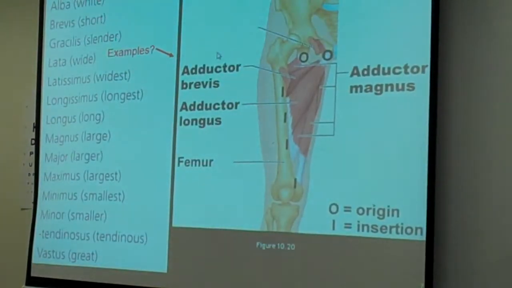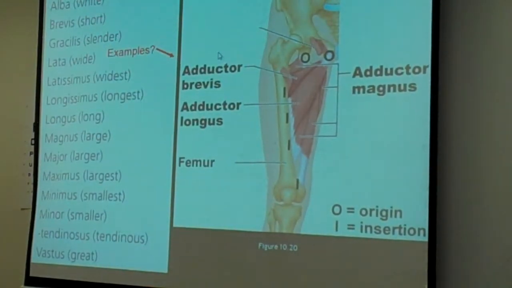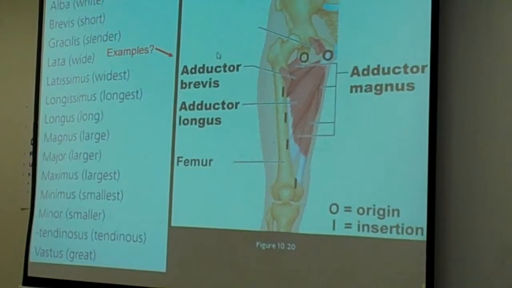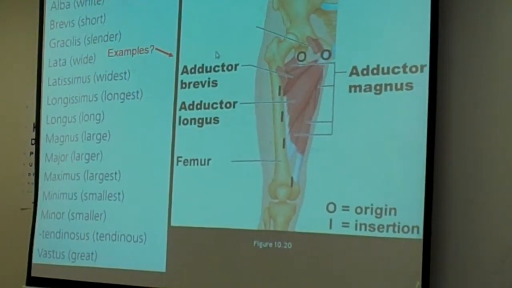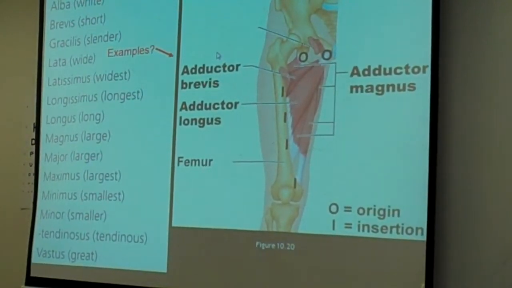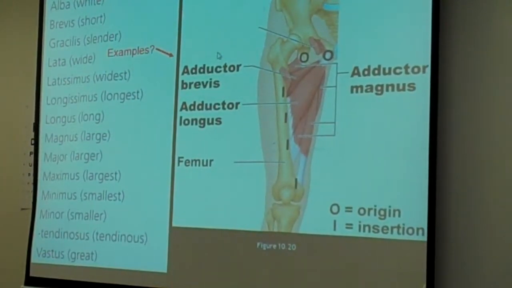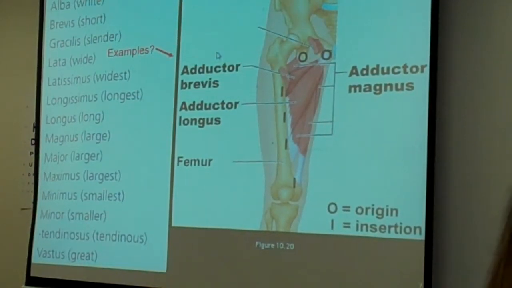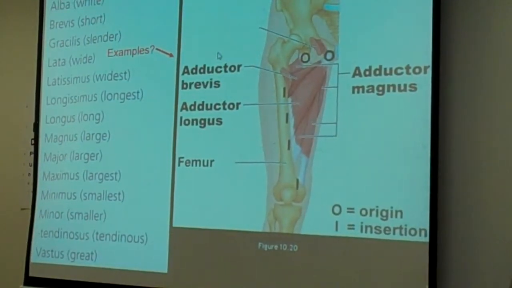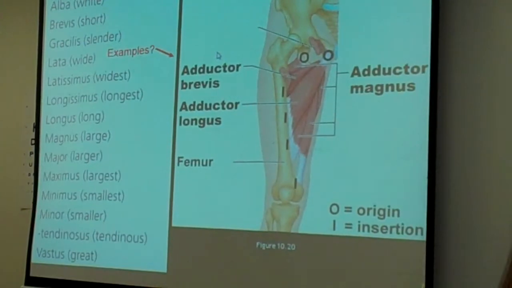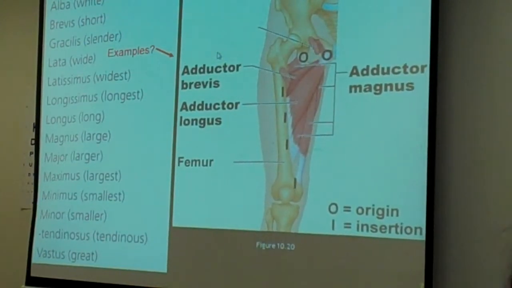Muscle size or appearance. Lots of these as well. Adduction. Adduction is bringing a body part towards the midline. So if I start with my arm out here and then I bring it in, this is adduction. When I move it away from the midline, that is abduction, A-B-D.